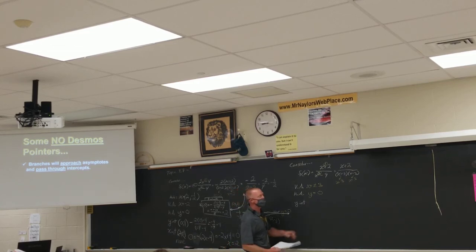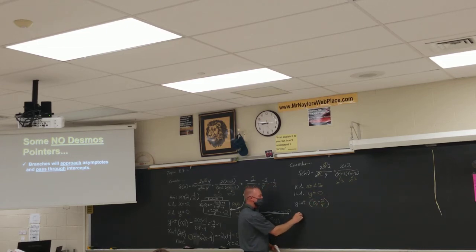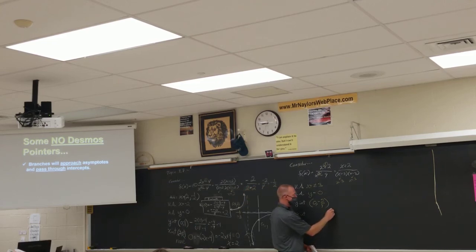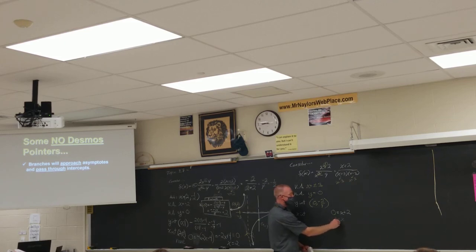I think we can just kind of see that. 2 over -9. So the y-intercept is 0, -2/9. Now, the x-intercept is when the numerator is equal to 0. This time we do get a number that has not been classified. So, yeah, I can use -2 as my x-intercept.